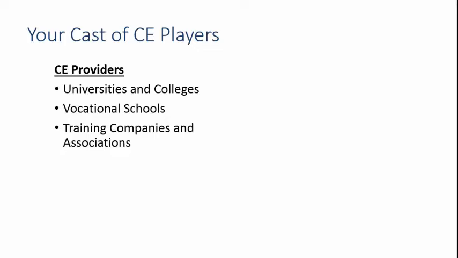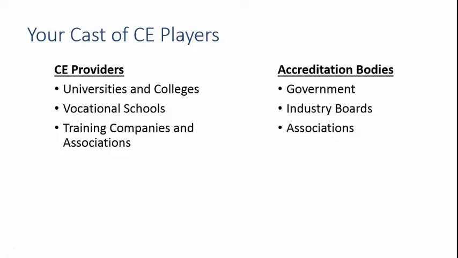And so you have the providers. They're the training companies, the universities, colleges, community colleges, vocational schools, associations, institutes. They're the ones selling the training, providing the training to their members. But they can only provide that training if they get accredited by the accreditation bodies. In many cases this is the government, state governments, industry boards.